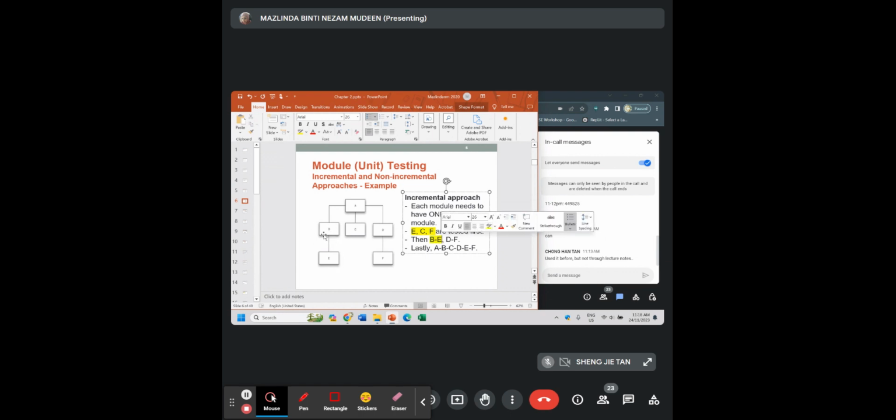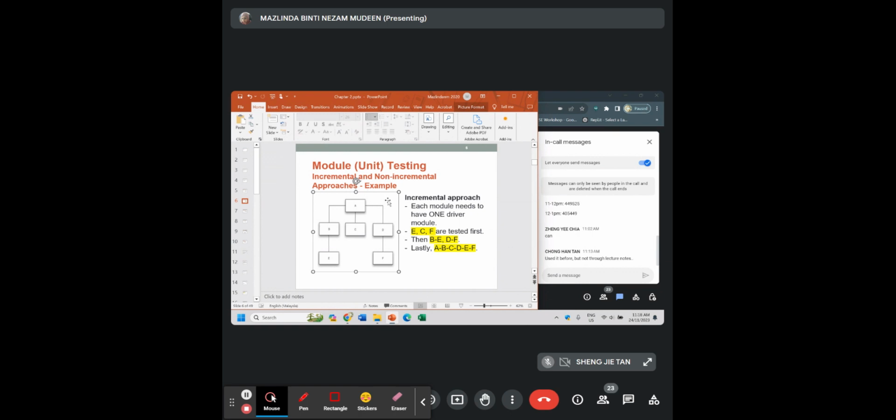When I want to test my module B, I will combine it with E. And when I want to test my module D, I will combine it with the previously tested F. Lastly, all of these will be combined when we want to test module A. So this is the bottom-up approach, the bottom-up strategy.